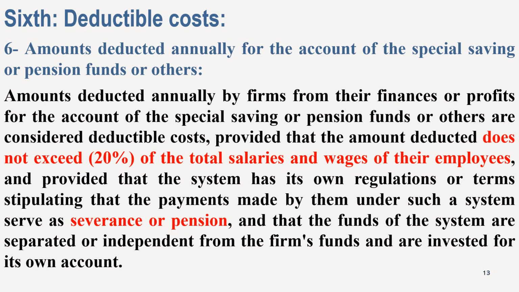Amount deducted annually by firms from their finances or profits for the account of special saving or pension funds or others are considered deductible costs, provided that the amount deducted doesn't exceed 20% of the total salaries and wages of their employees, and provided that the system has its own regulations or terms stipulating that the payments made by them under such system served as severance or pensions, and that the funds of the system are separated or independent from the firm's fund and are invested for its own account.